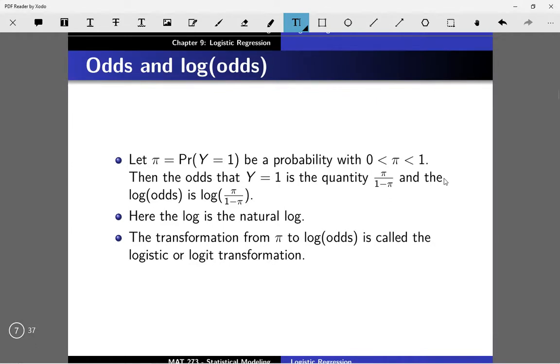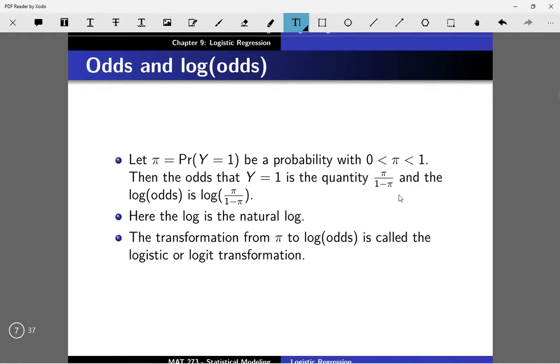So when we're talking about the log here, there's two commonly used logs. There's the log base 10 and the natural log, which is the log base e. Okay. For logistic regression, we use log base e. Now, this is due to some statistical theory.